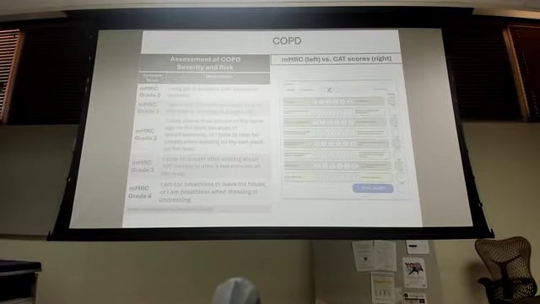This is up here not for you to remember every single thing, but to understand that this is essentially an assessment tool that you can use to see the severity of someone's COPD. Okay, so when we're looking at our MMRC, this is going to come into play later when we're talking about the classification of COPD. There's different classes that we have, but your MMRC is a Modified Medical Research Council dyspnea scale, and that's essentially saying how breathless are you.